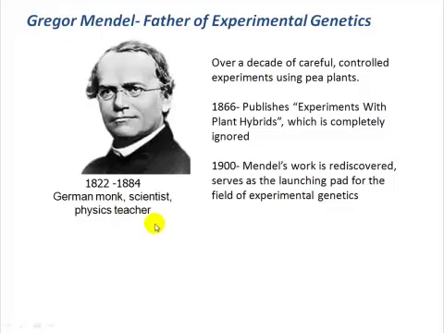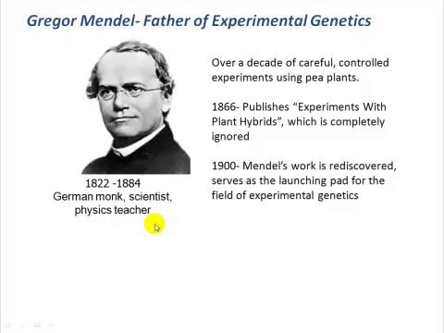And to understand the prevailing views that were popular at the time that he did these experiments, we have to understand that most people who were interested in inheritance viewed it as a form of blending inheritance, is what it was called. And in that model, the contributions of each parent in sexual reproduction would be irreversibly blended in the offspring.